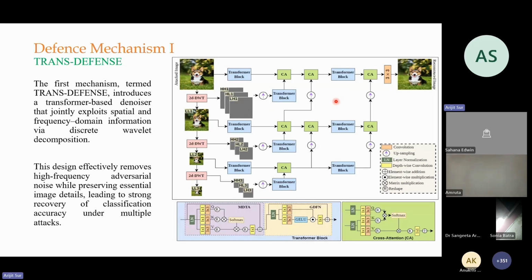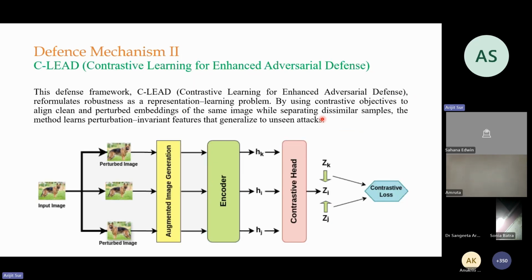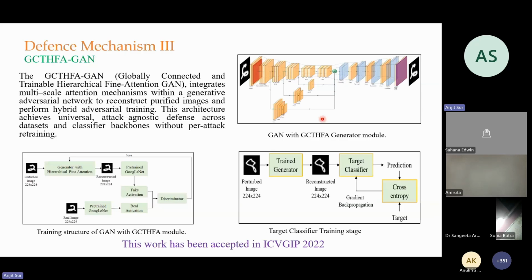Using this denoised image, we can retrain the model. I'm not going into details. This is all contrastive learning based adversarial inference. And this is the capture GAN, a globally connected and trainable adversarial GAN. Here also we have used this kind of approach.